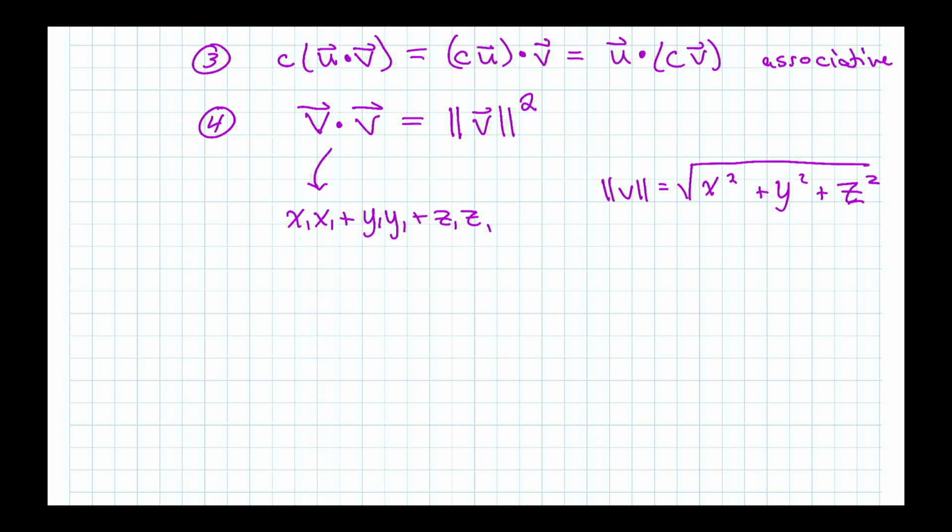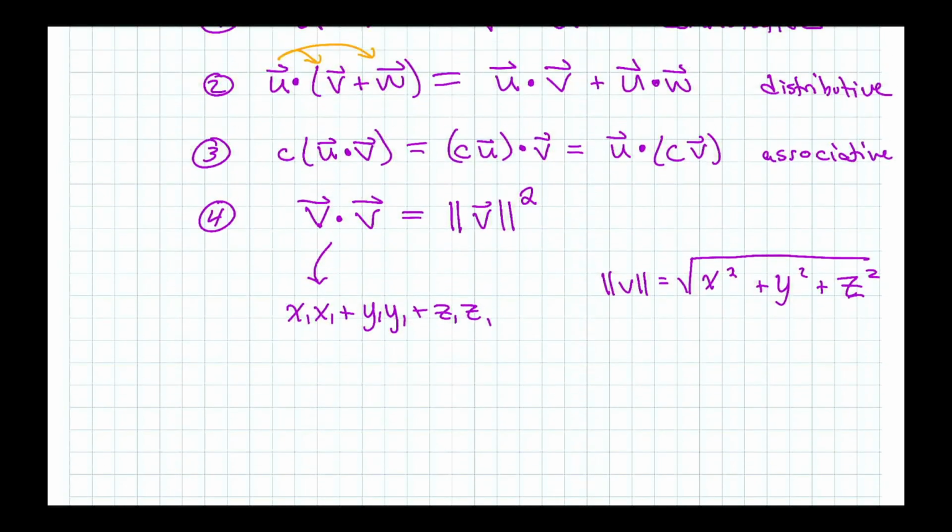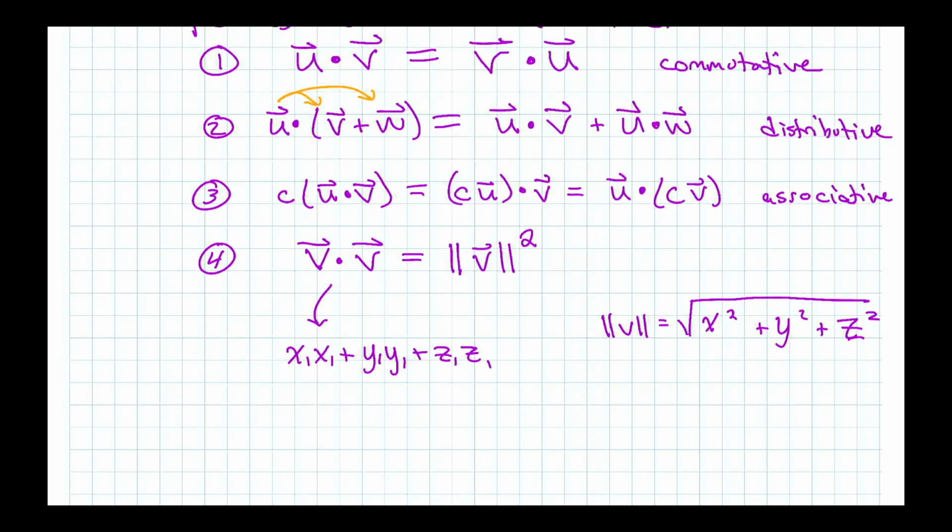So that's why it is the way it is. This is a pretty simple idea here. It's not really like a theorem or anything. It's just noticing that this magnitude is this, and that this is actually the dot product of the vector with itself, and then a square root. So that property gets used a lot though. So you're going to need to understand that property.